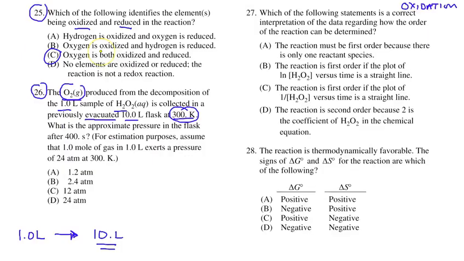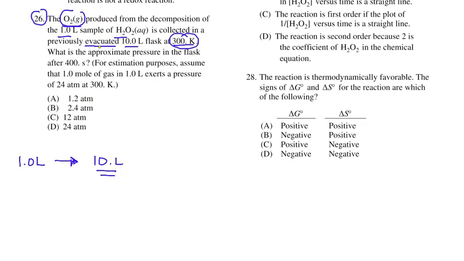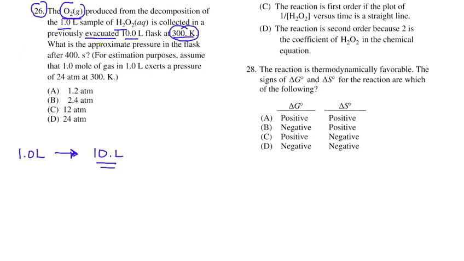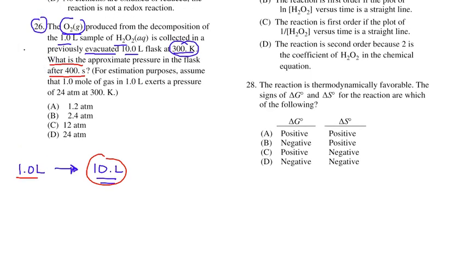Now they said, in the problem, what is the pressure in the new 10 liter flask, which we know is 10 times bigger than the original 1 liter flask, at 400 seconds. So that's key. We have to go to 400 seconds in the reaction.